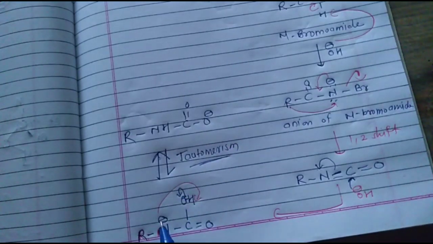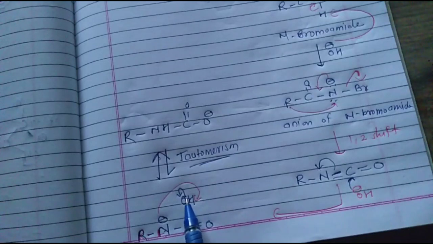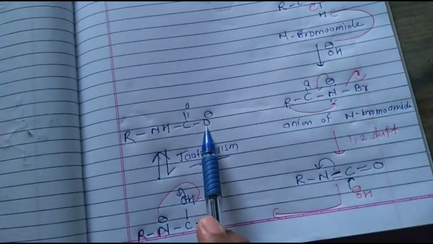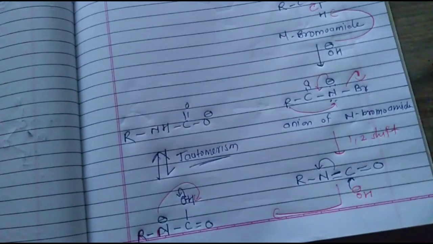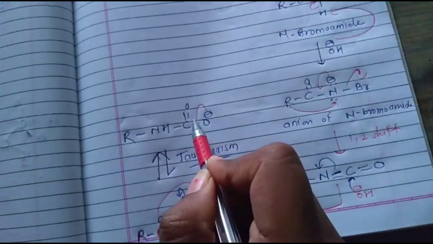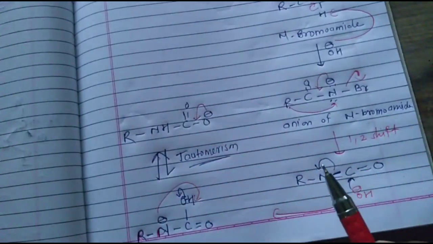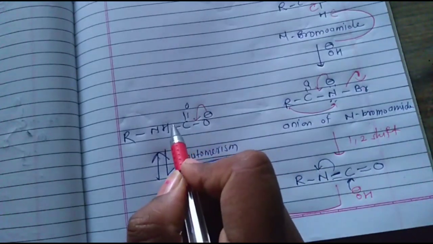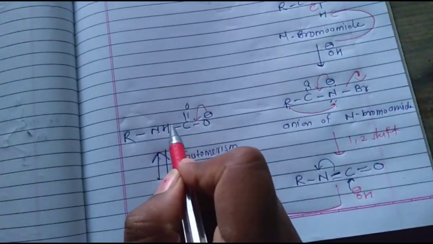That means the nitrogen having the negative charge attracts this hydrogen, and the oxygen accepts the electron and forms an oxygen with a negative charge. Then what happens? This oxygen shifts its bond to this carbon, and there is a breaking of the nitrogen-carbon bond.